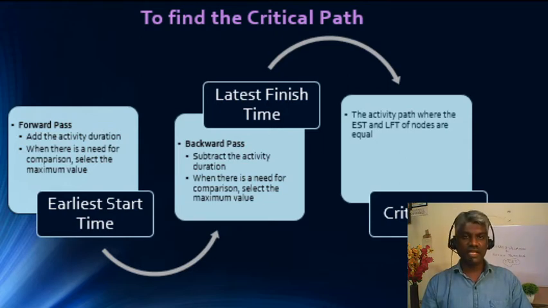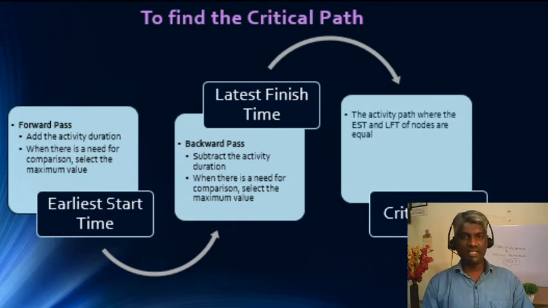And to find the latest finish time, we are going to move backwards from the last node, the end node, to the first node, the start node. So, the backward pass. In the backward pass, we are going to subtract the activity duration in each node, and when there is a need for comparison, we are going to select the minimum value. Sorry, it is given as maximum value, but it is the minimum value which we are going to select.